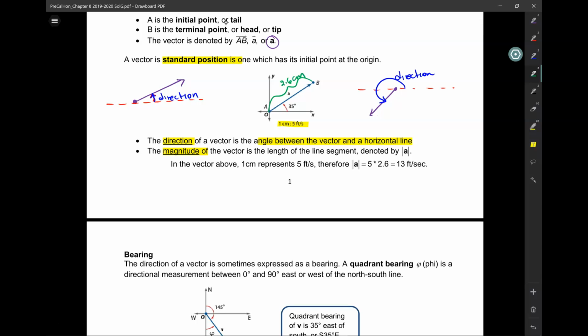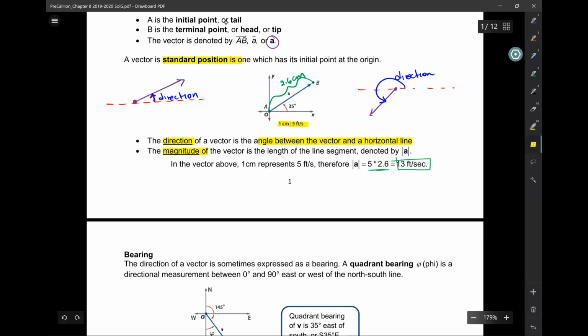And so the magnitude of A is 5 times 2.6, 13 feet per second, right? It's just like if you were reading a map. Everybody okay with that?